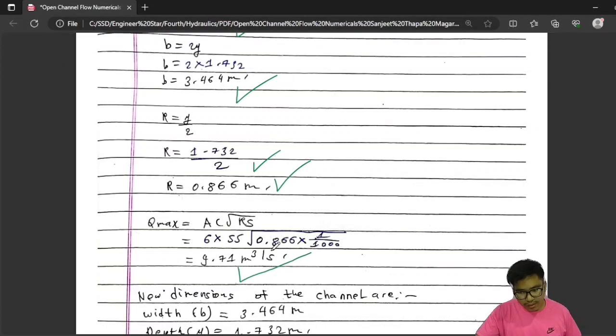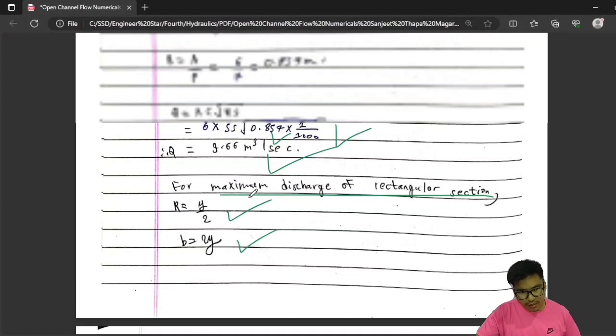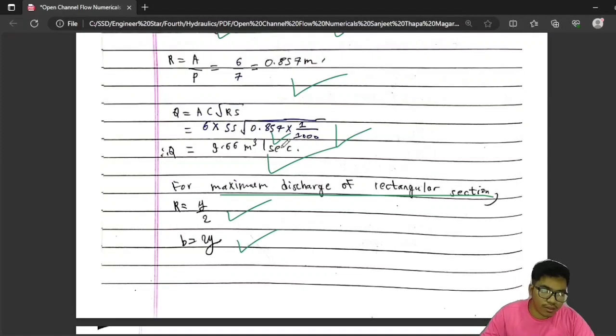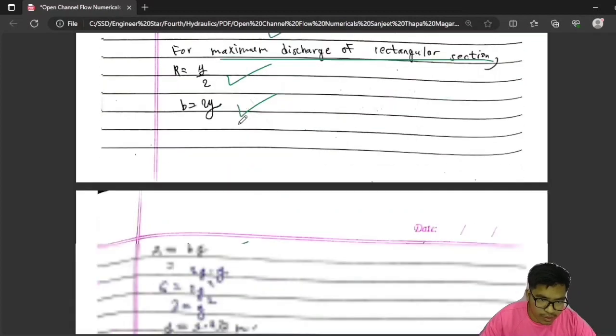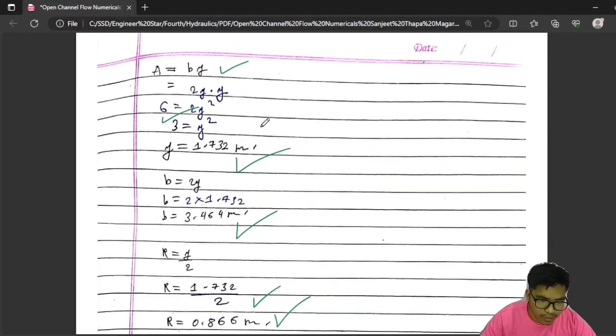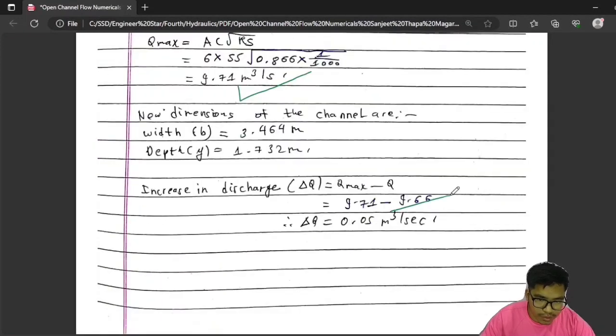Maximum should be greater than Q. 9.71 should be greater than 9.66. So the increase in discharge is Q max minus Q, that is 9.71 minus 9.66, that is 0.05 meter cube per second.